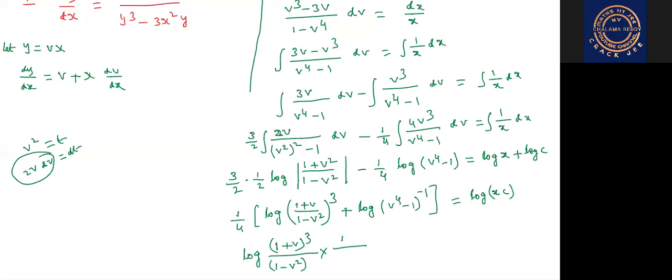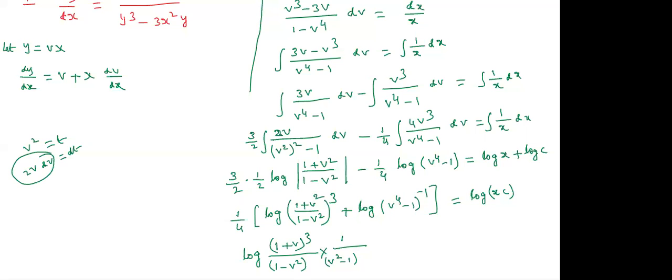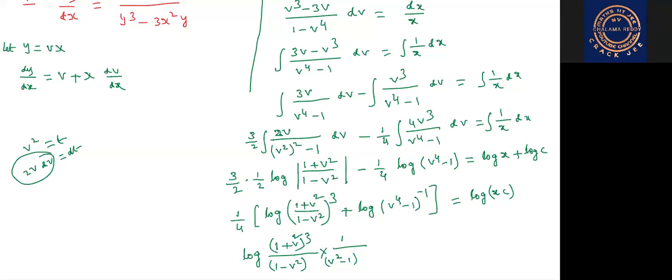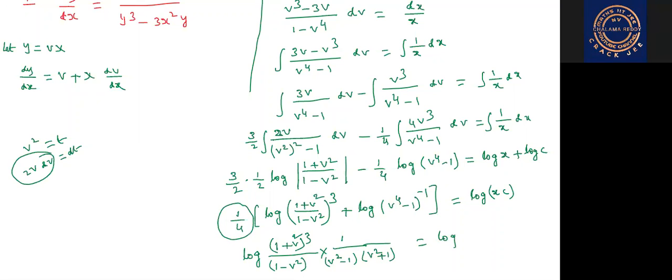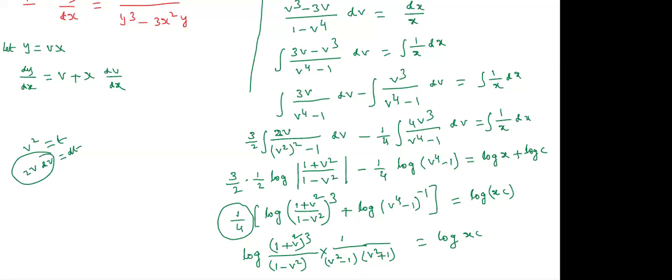Tell me. That is v square minus 1 into v square plus 1. Here is v square is missing. V square plus 1. Okay. And these 1 by 4 sent to right hand side. So overall here we get log xc whole power 4 or not.